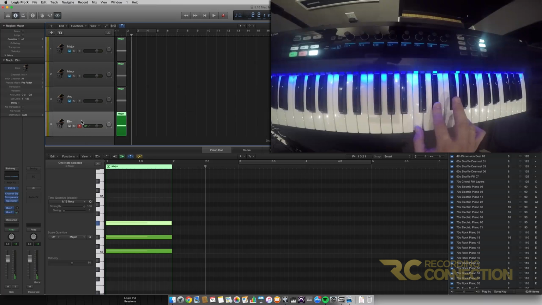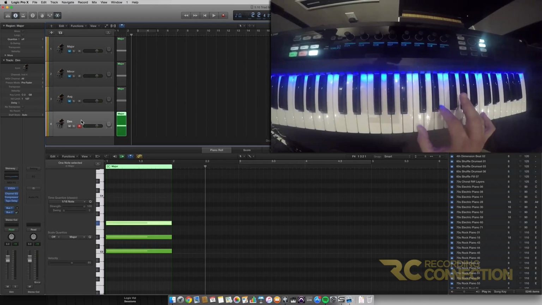A minor triad. Now we're going to go back to major third, perfect fifth, and we're going to raise the fifth a single step up to create an augmented triad. Major third, augmented fifth, augmented triad.